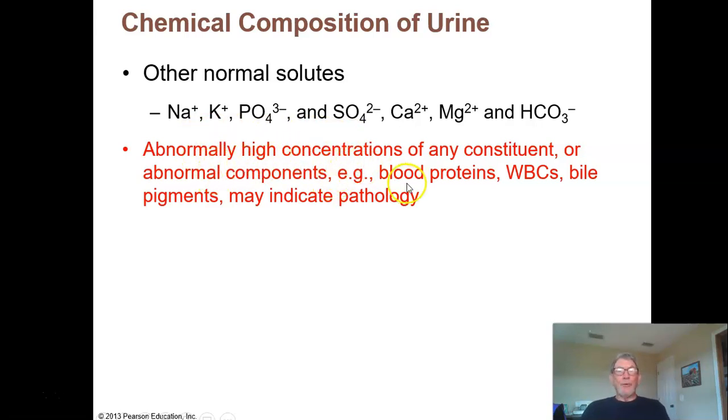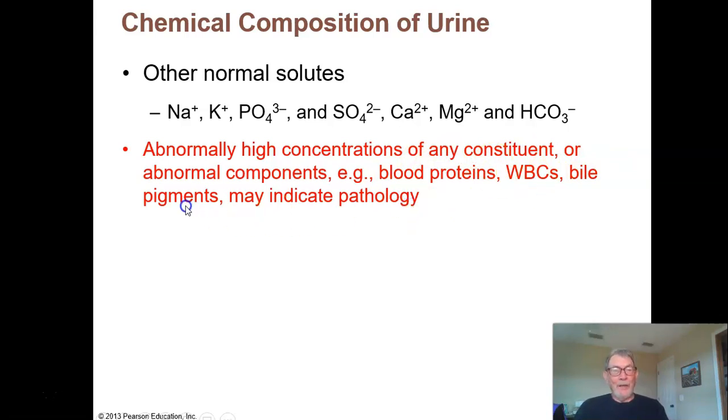And you're also not supposed to have plasma proteins in there, almost at all. You're not supposed to have white blood cells in there, almost at all. You're not supposed to have red blood cells in there, almost at all. You're not supposed to have glucose in there, almost at all. Most of that stuff is supposed to be back in your blood.